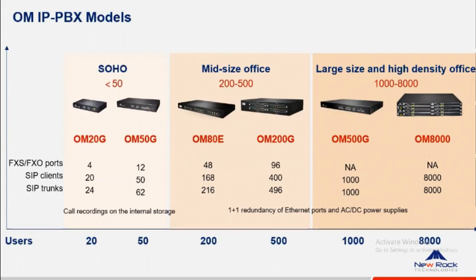So for the large size and high density offices, we suggested to use the OM500G and the OM8000. So these two have no FXS, FXO modules. But of course, you can use an analog gateway if you want to use the analog lines and connect with our IP-PBX.